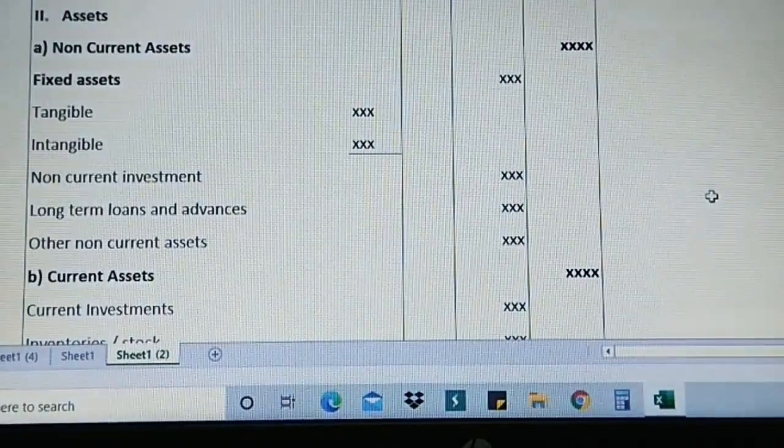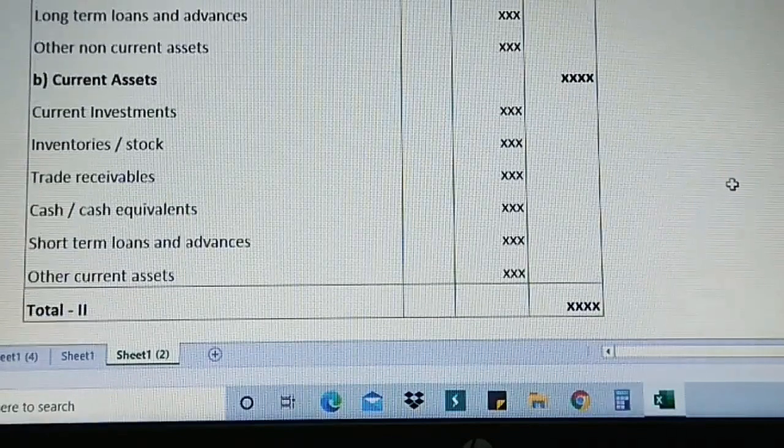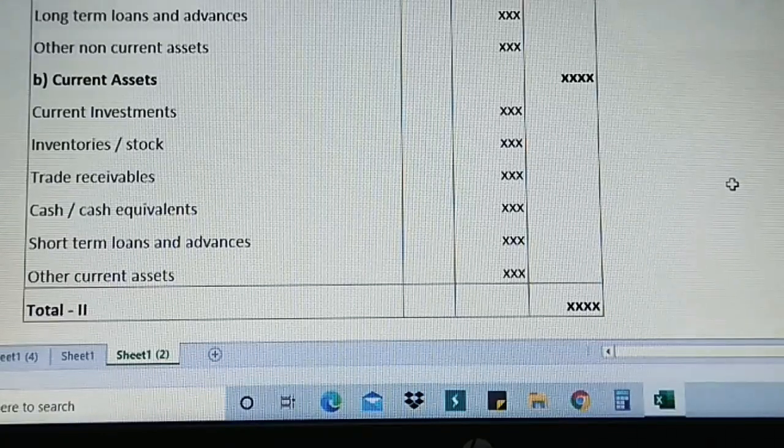Then next, current assets. Very simple, you people know. Current investments for a shorter period, if you have made any investments. Then you have inventories or stock. Inventories and stock are the same. We know whatever comes under the asset side: stock, cash in hand, cash equivalents, cash at bank, all these are current assets. Then trade receivables, bills receivable; trade receivable is one and the same.